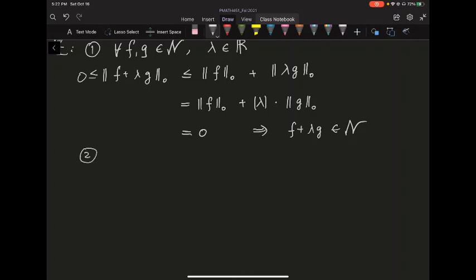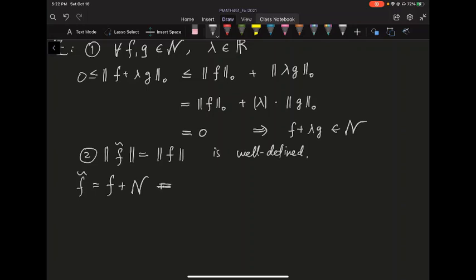First of all, whenever you define something on an equivalence class by just taking a representative, you need to show this is well defined. So why is this well defined? Suppose I have a different choice. Say this equivalence class is f plus N, but maybe it is also g plus N. Here f and g are equivalent, so I can pick f equals g plus n, where n is a function with semi-norm equal to 0.